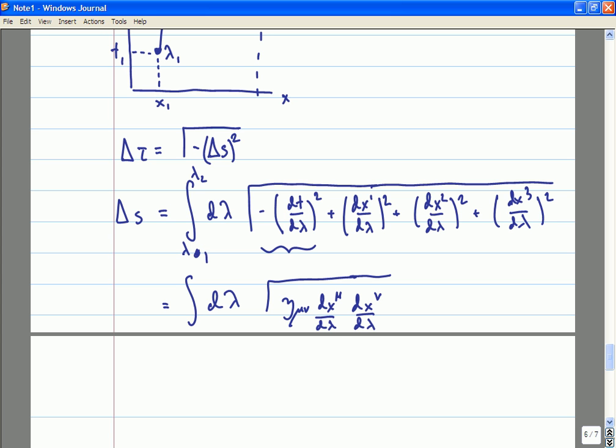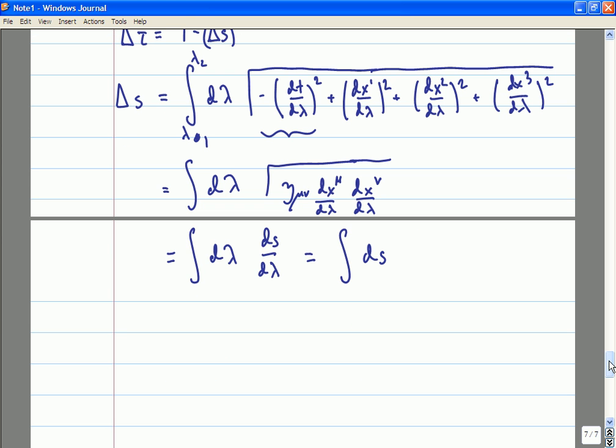Or I could write this even more succinctly as the integral d lambda of ds by d lambda, or just the integral of ds along the world line, where I have defined the quantity ds by the expression eta mu nu dx mu dx nu.